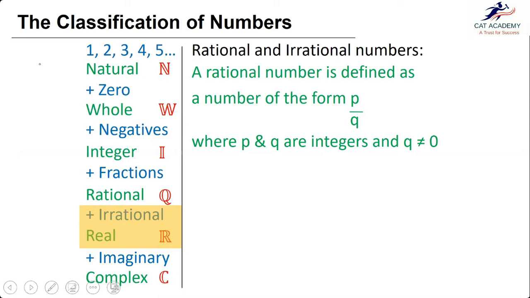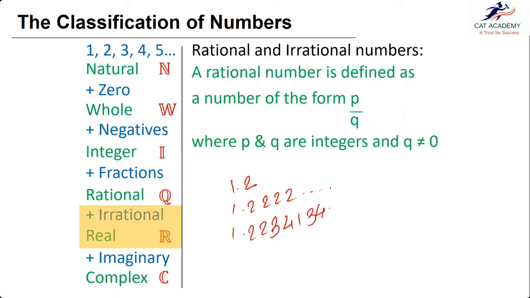Yes, the other thing was decimals. So if we start using decimals now, I'll give you an example. Say 1.2. This could be one decimal, or say 1.22. This could be another decimal, or say 1.22341342598 and so on.